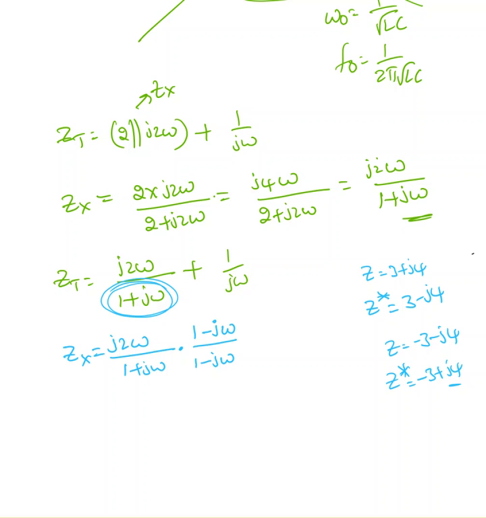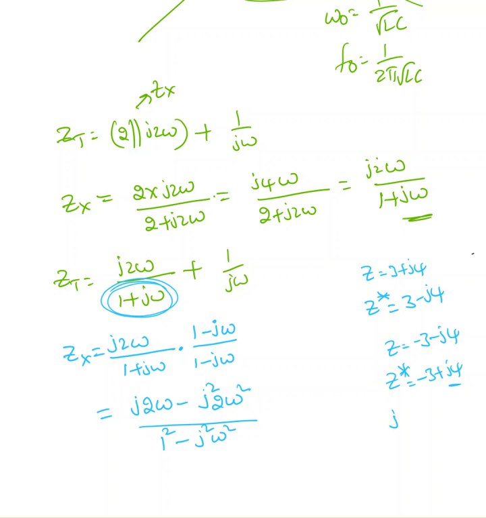Now when I multiply this, it's going to be J2 omega minus j square 2 omega square, and in the denominator it's a plus b times a minus b, so a square minus b square, so 1 square minus j square omega square.